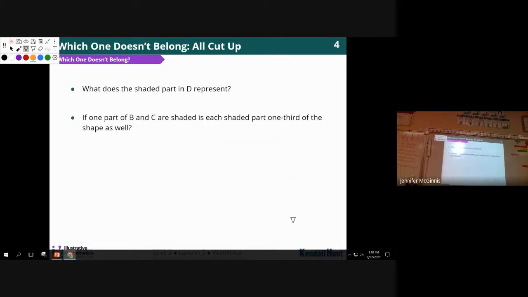If one part of B and C are shaded, is each shaded part 1/3 of the shape as well? Let's go back and look.